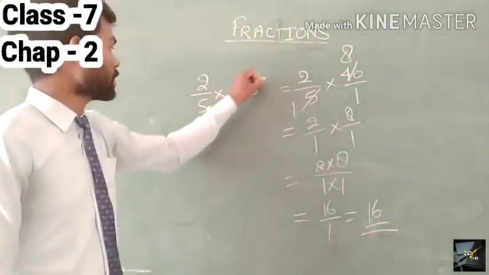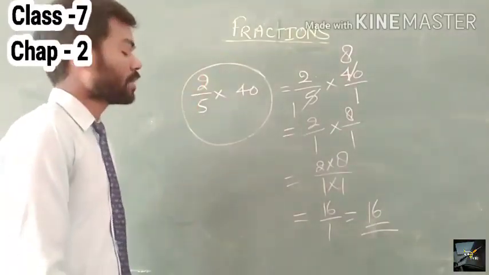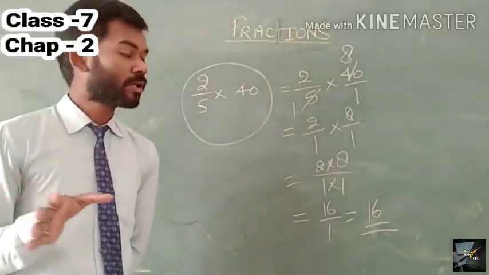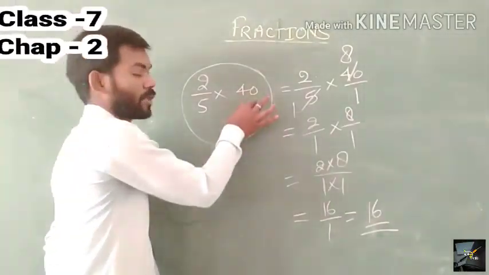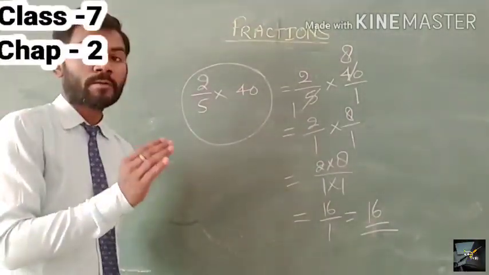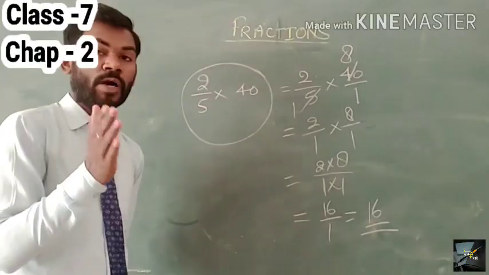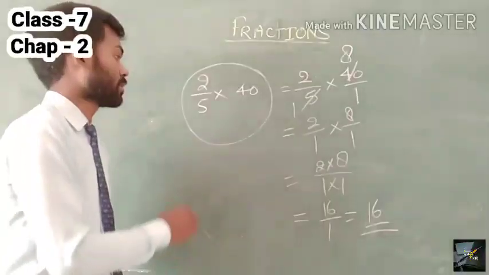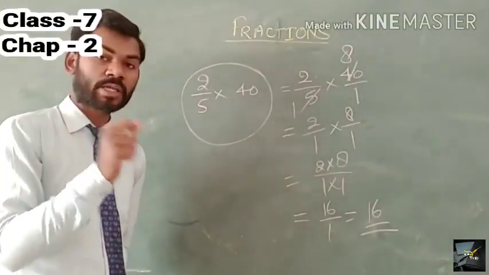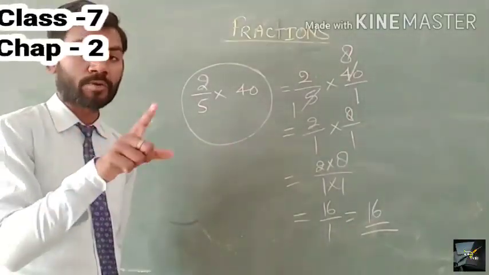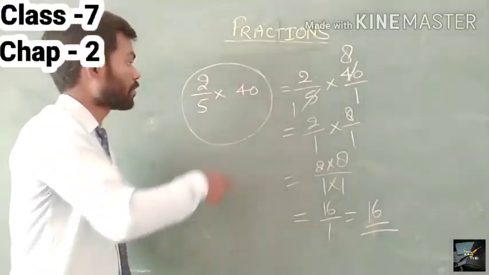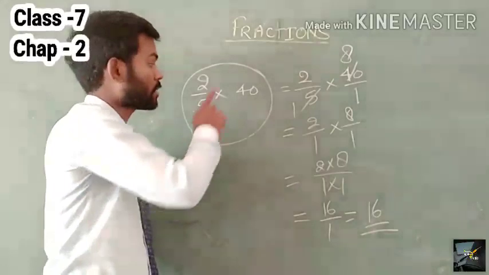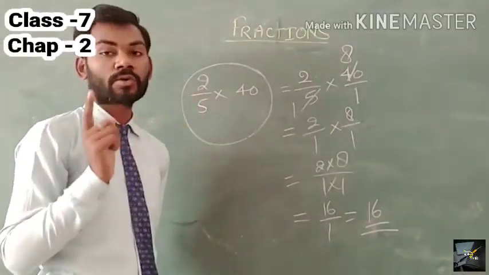With the help of this question, I want to tell you that sometimes if you get the question in this form, don't be confused. Just write this number in the fractional form by writing 1 below it as denominator, because we know that whenever any number is divided by 1, its value remains unchanged. Therefore here we divide 40 by 1 and never make this 40 the denominator in your question.